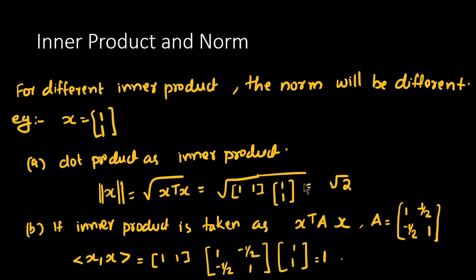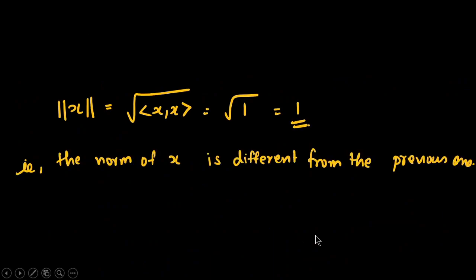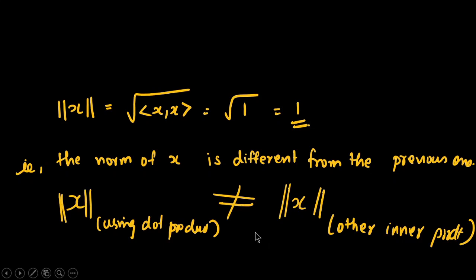When you take the dot product as the inner product, the length of the vector is root 2, and when we choose another inner product, the length is 1. That means that the length of the vector, or the norm of the vector, changes with the inner product that we choose. So for different inner products, the norm of the vector will be different.